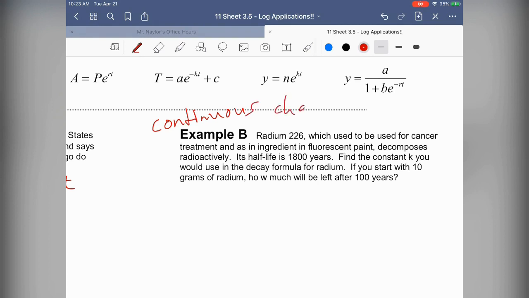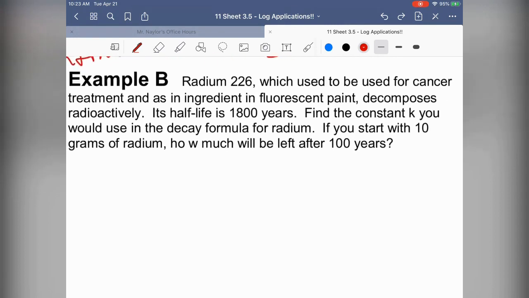That is, anything that occurs in nature can fit into this formula, y equals N e to the kt. Did you notice that this formula is really just the PERT formula with a slight modification to be a little more generic? In other words, for any type of continuous change. Things that occur in nature will change continually.